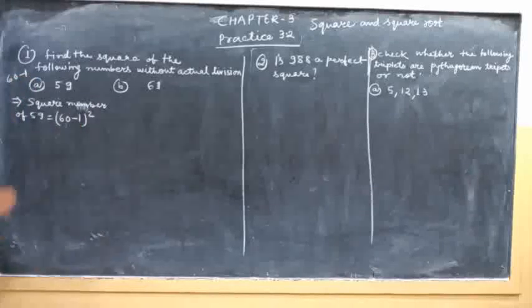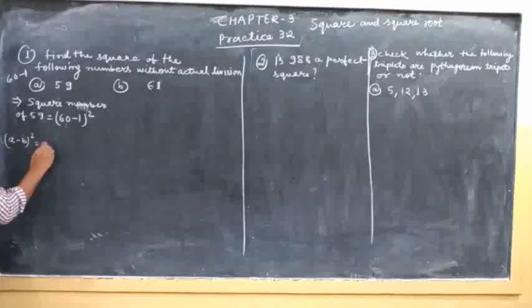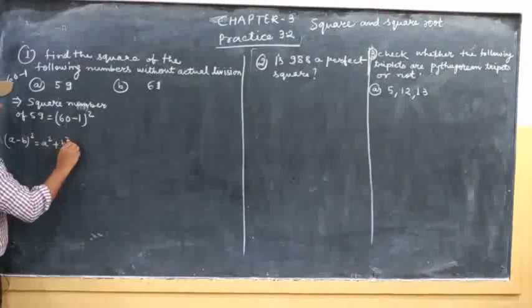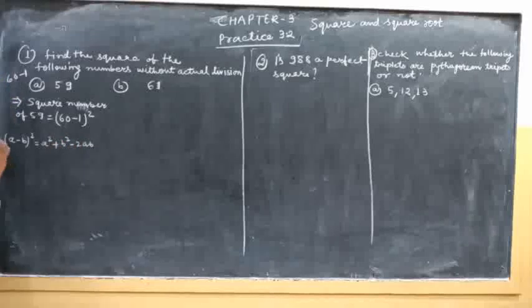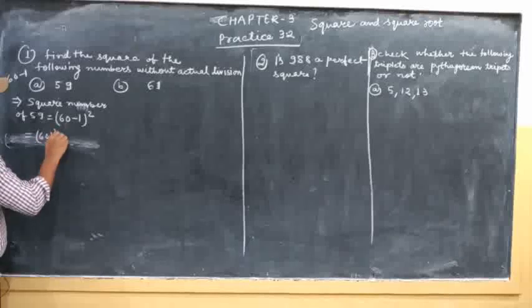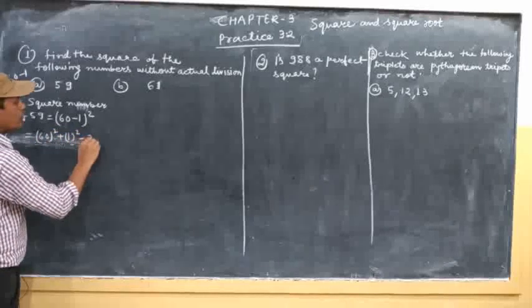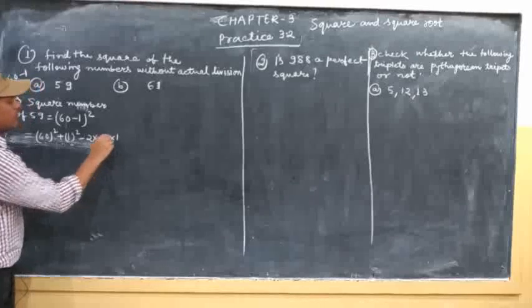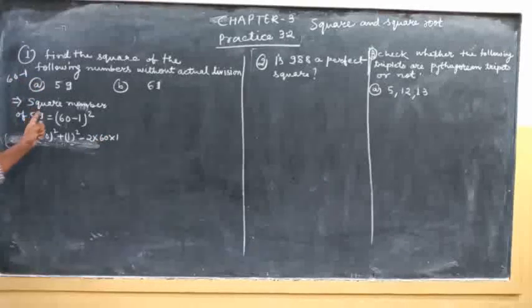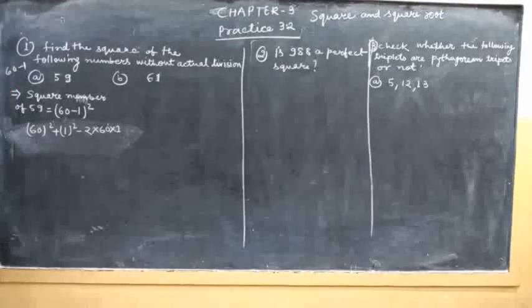We can also take this as (a minus b) square, and we apply the formula here: a square plus b square minus 2ab. So we write 60 square plus 1 square minus 2 into 60 into 1 to find the square of 59.